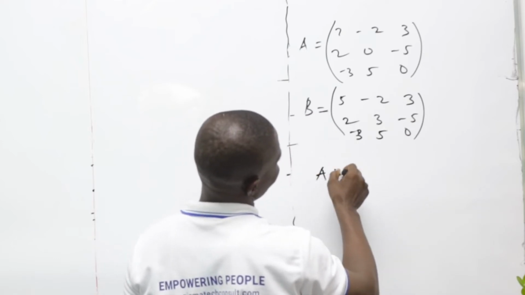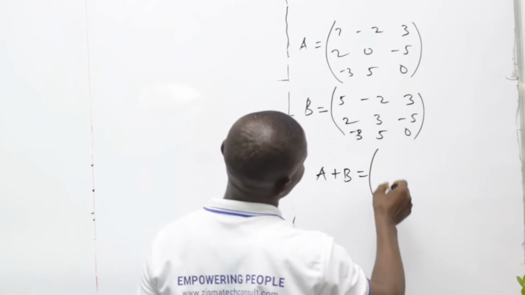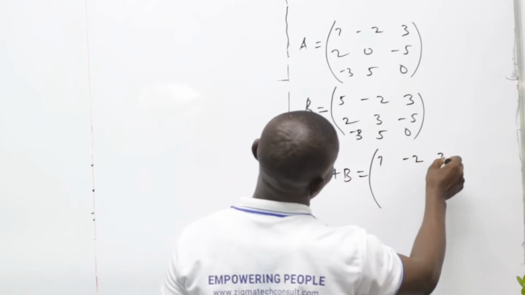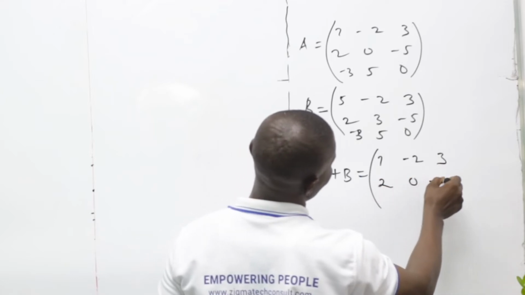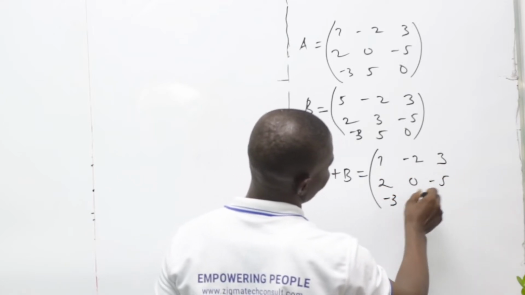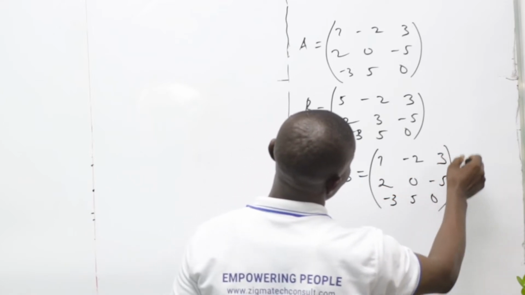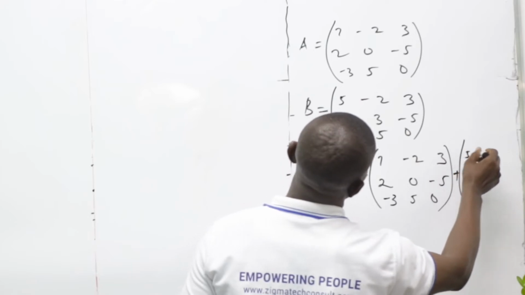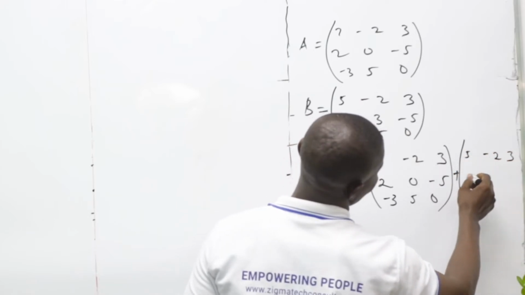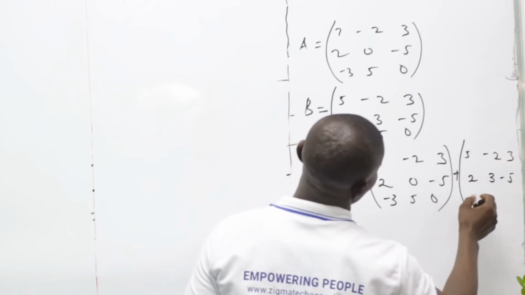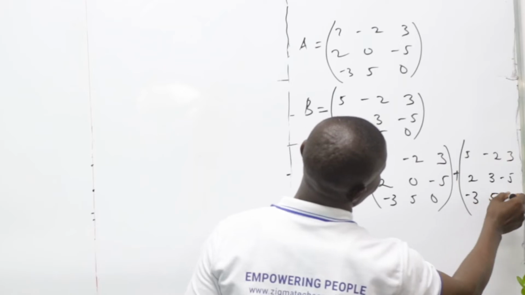A plus B equals 7 minus 2, 3, 2, 0, minus 5, minus 3, 5, and 0, plus 5 minus 2, 3, 2, 3, minus 5, minus 3, 5, and 0.